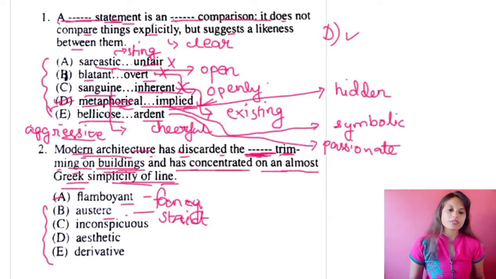It won't go. Strict trimmings, this is not making any sense. You are telling about trimmings being strict, it simply doesn't go. So I am striking this option out. What about option number C, inconspicuous? Inconspicuous means unnoticeable, all right.